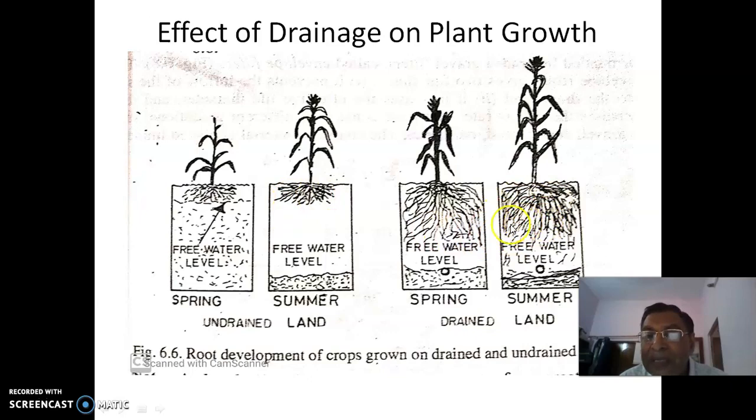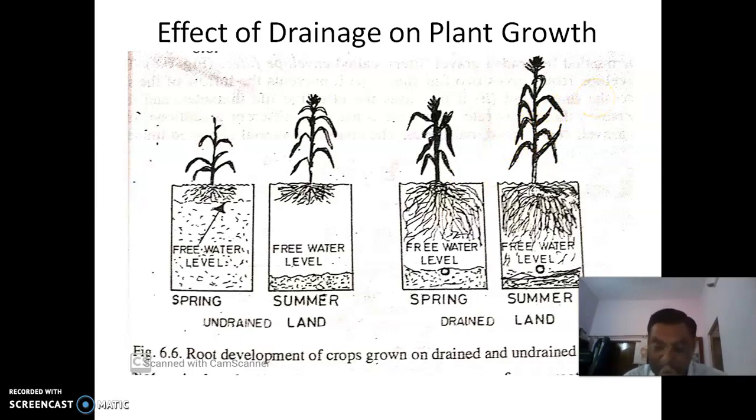Here root development is much denser, canopy development is much denser, and similarly the yield is higher. So this is how drainage matters. It's not that water alone. If you provide water and neglect other things, you have to carefully plan your drainage requirements also. That is very important for any irrigated lands.